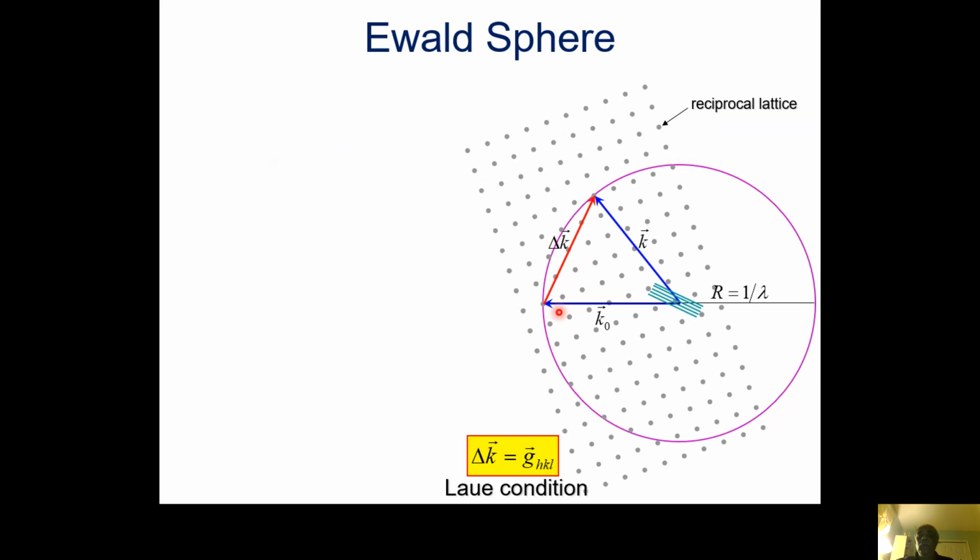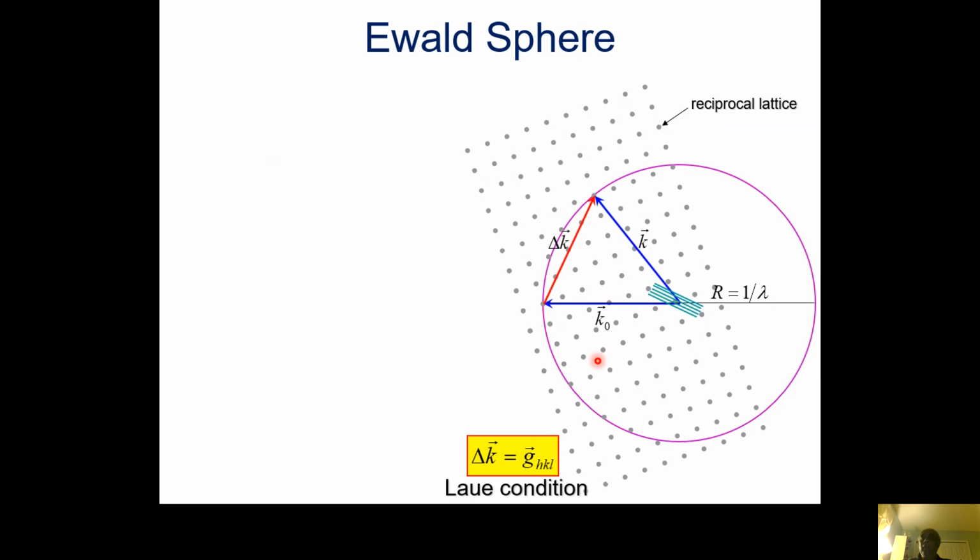Now if I represent my crystal here, I have my incoming wave K0, then it gets reflected to K. Then you get delta K here, right? We know that if you want to have Bragg reflection, this delta K should be the G vector, right? The G vector goes from one point to another point.